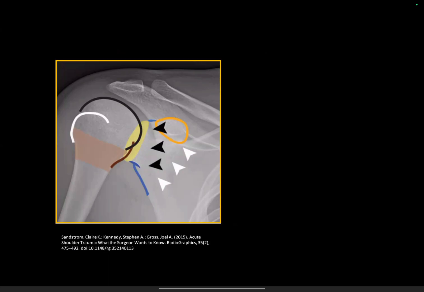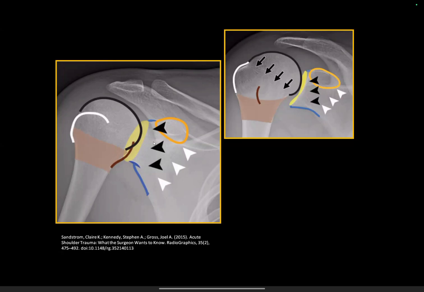Now, radiographs can provide us with a valuable set of information. So starting with anatomy, we know that the humeral head, most importantly, we have the greater tuberosity, lesser tuberosity, the anatomical head, which articulates with the glenoid.